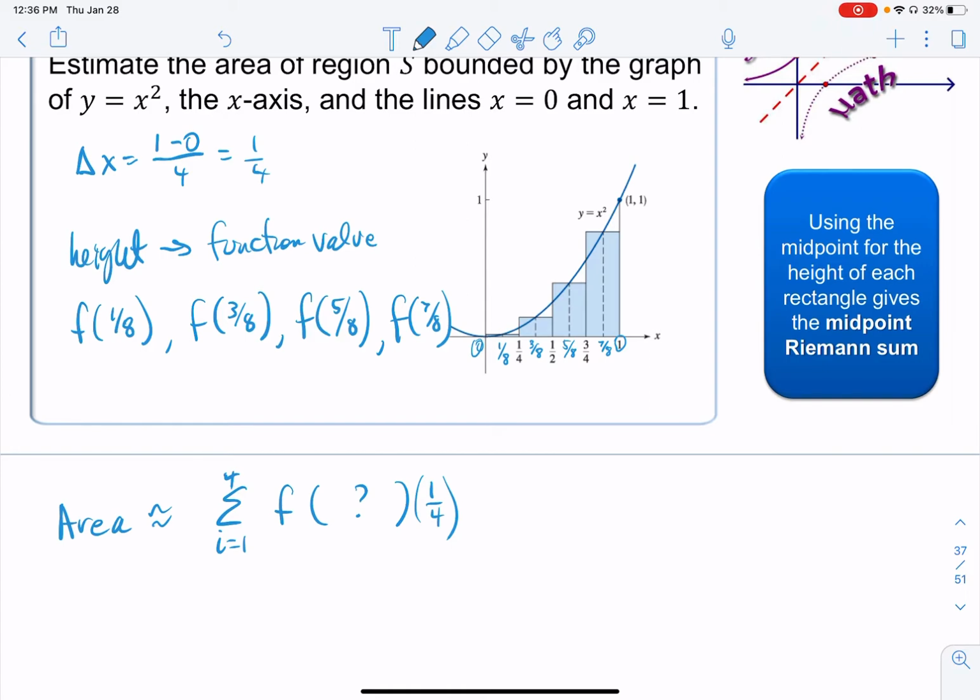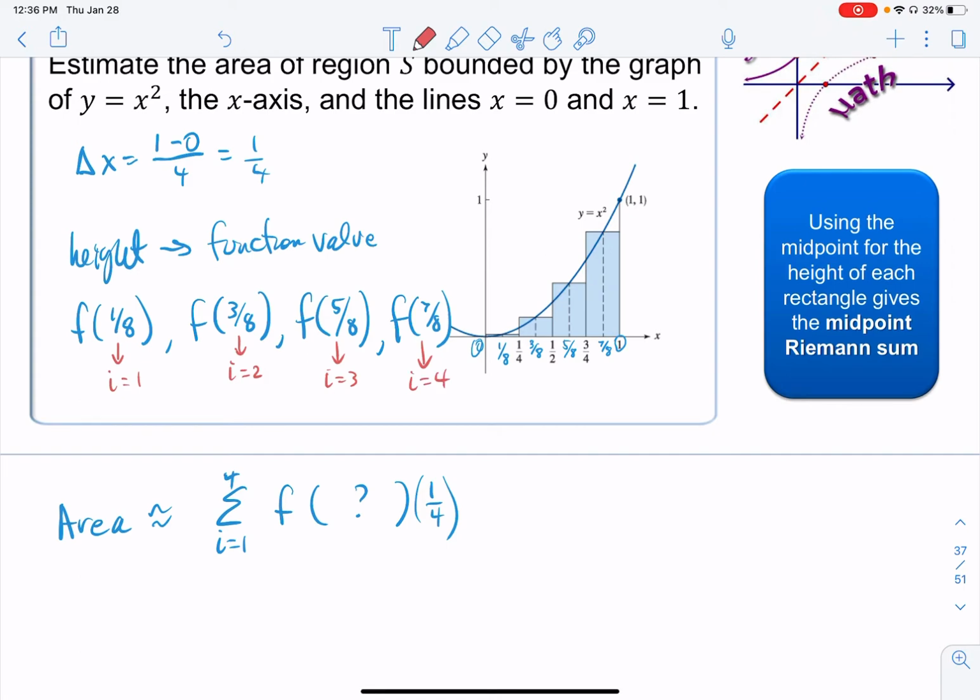So let's see if we can come up with our ith x value, x sub i, and that's each one of these numbers that are right in here. We have to try to generalize it. We'll generalize it with understanding that this one is i equals 1, i is 2, i is 3, and i is 4 for this last one.